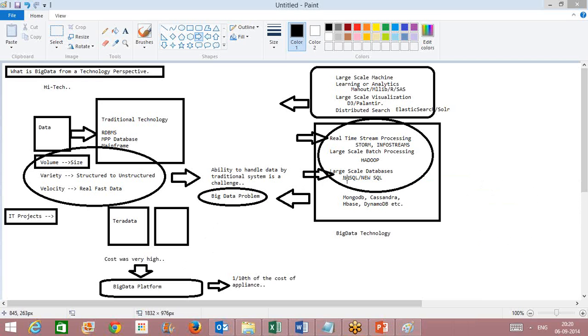You have large scale databases. These databases can store both structured and unstructured data at the same time. So, when we are talking about big data technologies, these technologies are supposed to handle any kind of data. They should not be too limited or too constrained to a structured data or an unstructured data. And that's where the success of these technologies lies.